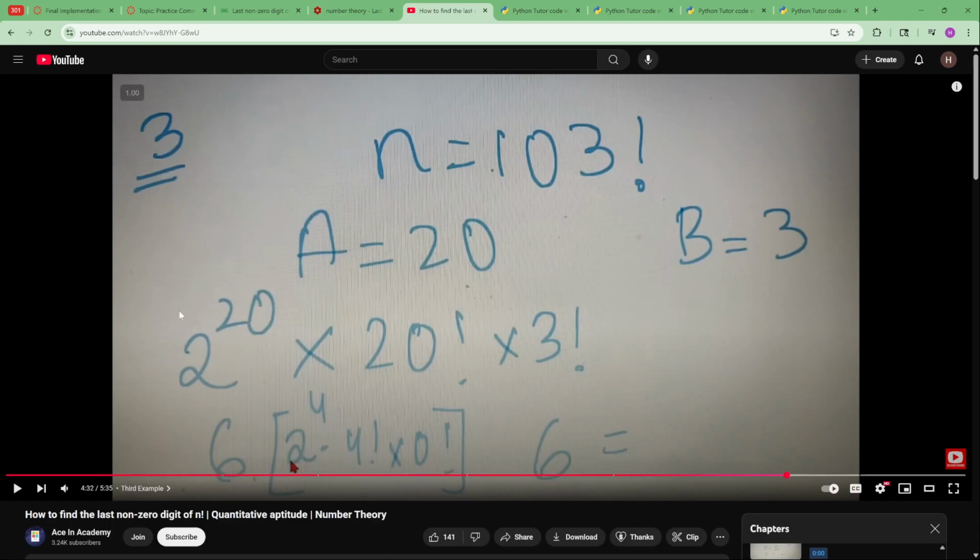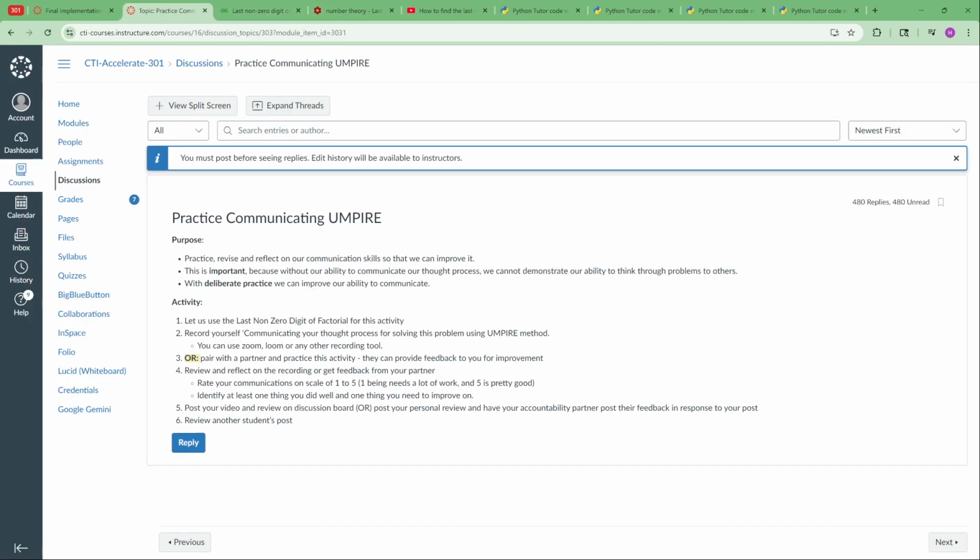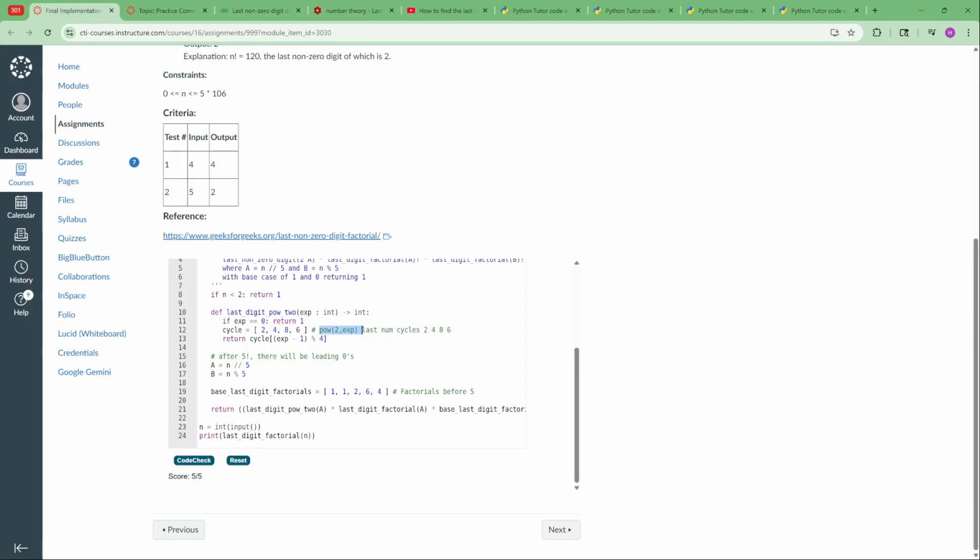So in this video, we had 2 to the a, and we're supposed to find the last non-zero digit of this. It will always be a non-zero digit at the end. So we could just use this cycle of the four numbers to use the remainder and easily check which one it's going to be.